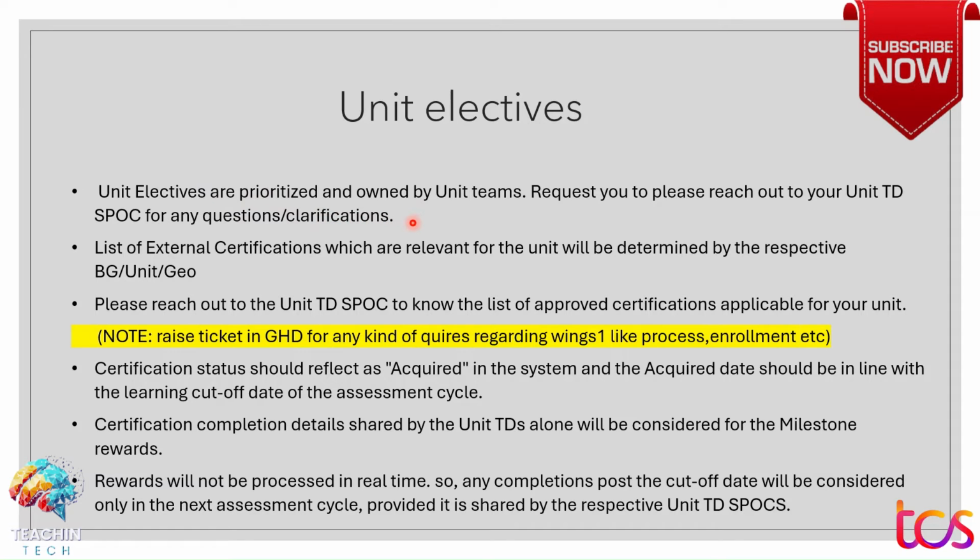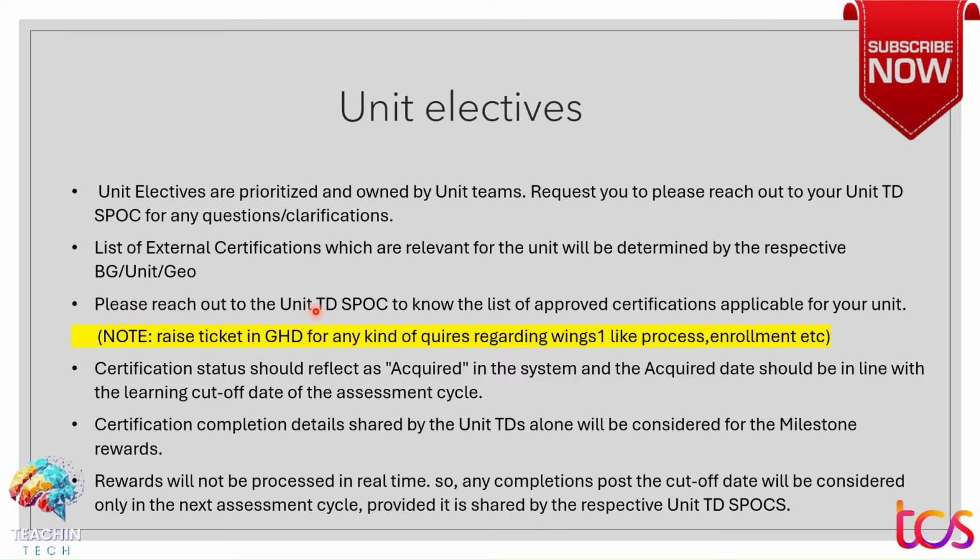We have BFSI, life sciences, or else the TCS internal team, and the unit electives will be under all those units. The list of external certificates which are relevant for the unit will be determined by the respective business group, unit or GO. External certificates or internal certificates, both will be decided by those people themselves.